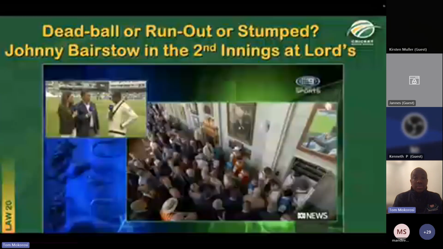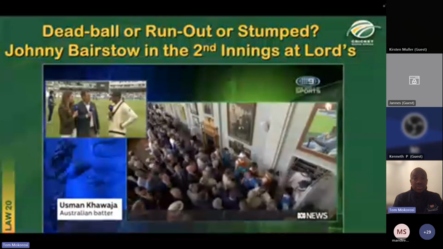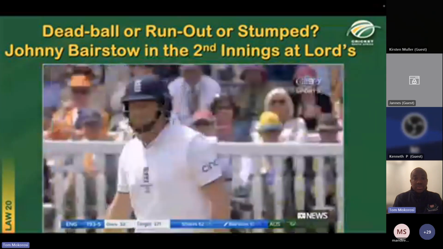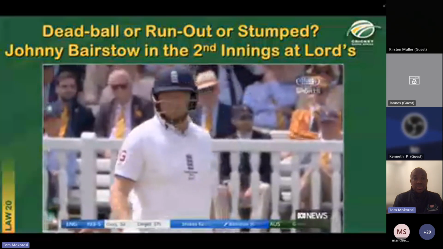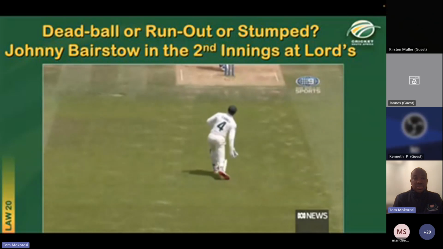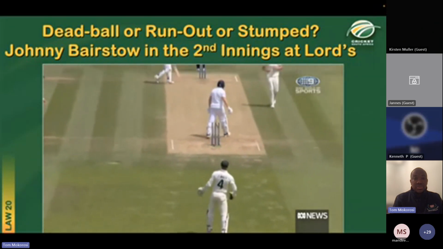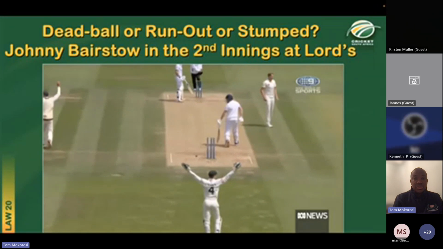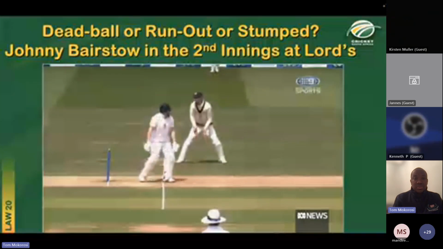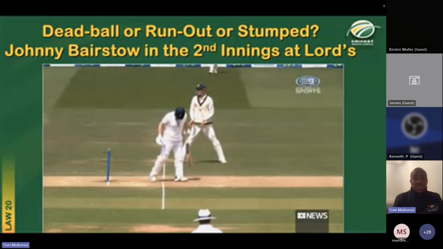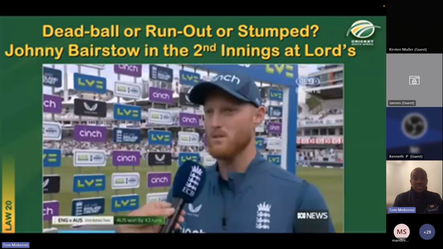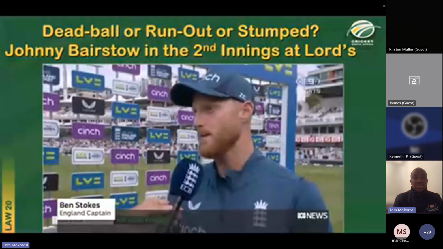I just talked to a few of them throwing out some pretty big allegations, and I just called them up on it. This was the incident that sparked the fire. Oh, now this is going to be interesting. Before the ball had been deemed dead by the umpire, quick-thinking keeper Alex Carey caught his English counterpart Johnny Bairstow napping. The stumping was certainly within the rules of the game, but whether it was within its spirit is now at the centre of furious debate. If the shoe was on the other foot, I would probably just have to have a little think around the sort of whole spirit of the game and things like that.